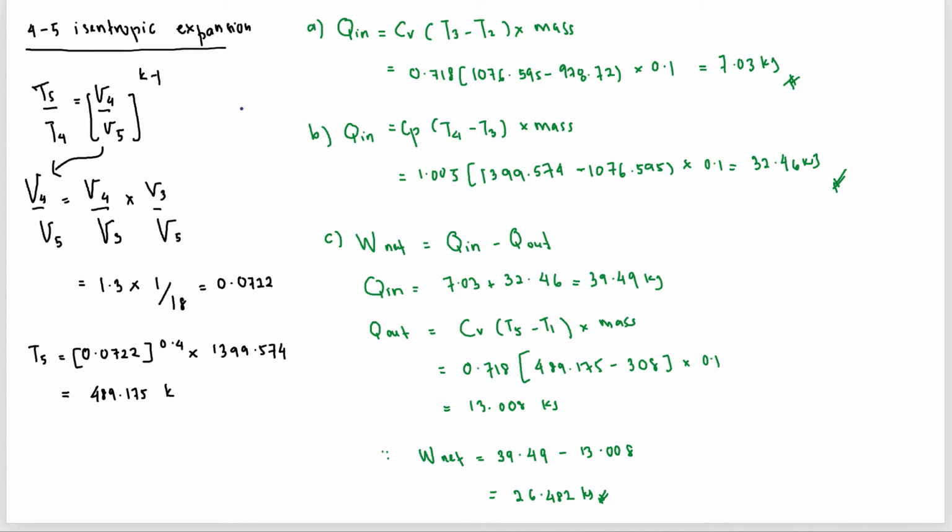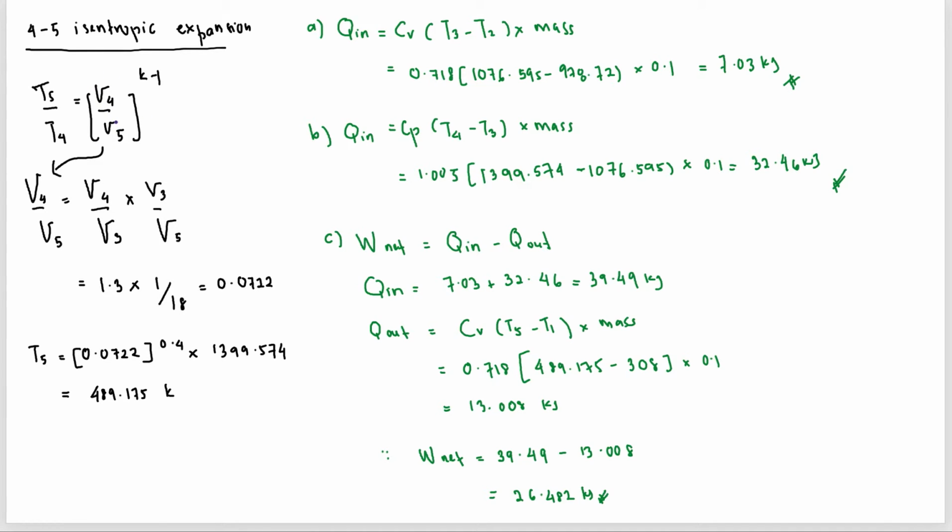Next, we proceed with process 4 to 5, that is isentropic expansion. As I mentioned, if there is isentropic, we use the formula. T5 over T4 is equal to V4 over V5 to the power of k minus 1.